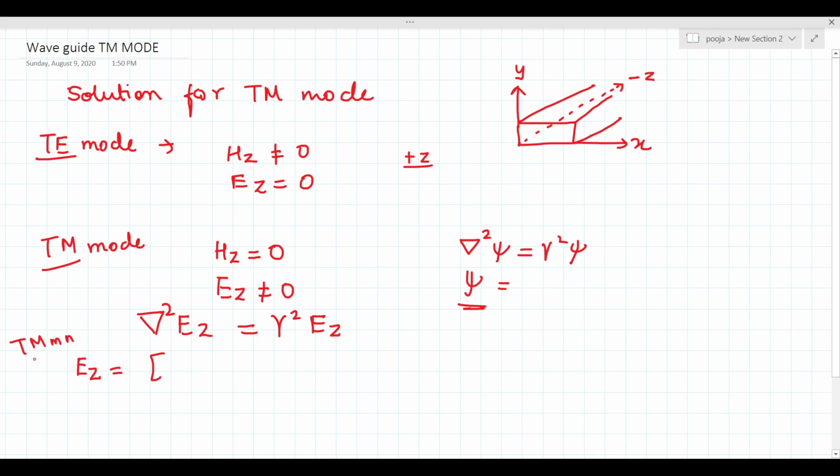So from that lecture we could directly write the equation for Ez here for TM-mn mode, where m is number of half waves of electric or magnetic field in x direction, and n represents number of half waves of electric or magnetic field in y direction.